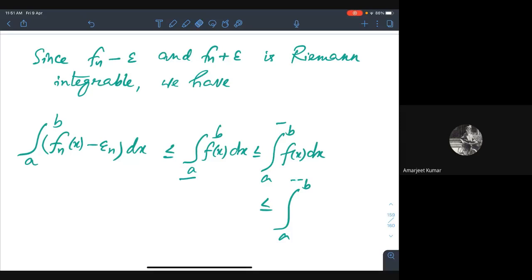The upper integral becomes an integral because it is integrable: fn(x) plus epsilon n dx.